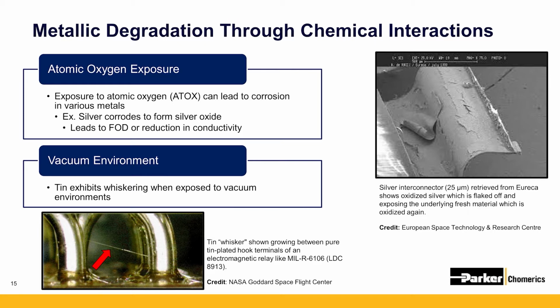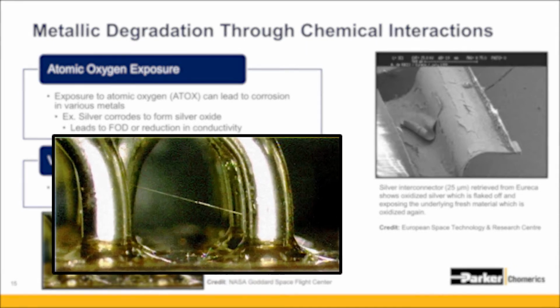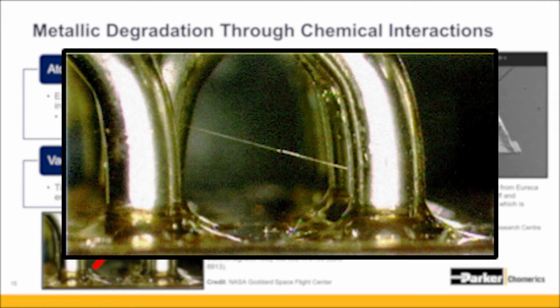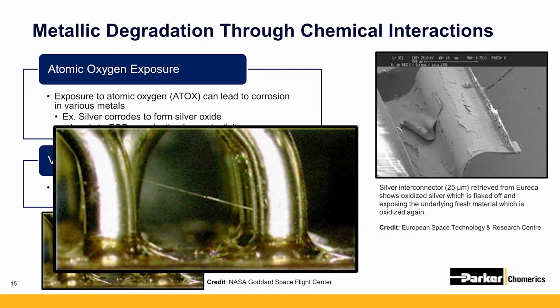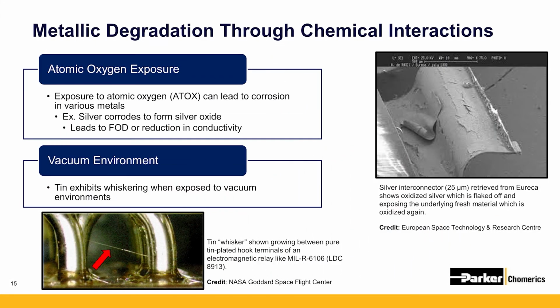Another phenomenon that occurs in metals is whiskering. Surface layers or solder joints made of tin, when exposed to vacuum environments, may form microscopic crystalline strands or whiskers. And just to elaborate, there are examples of elemental materials that can grow whiskers, as well as some alloys like zinc, cadmium, indium, and lead.